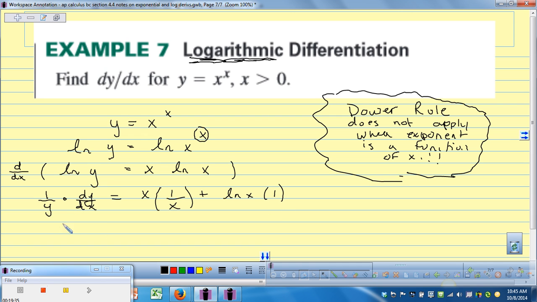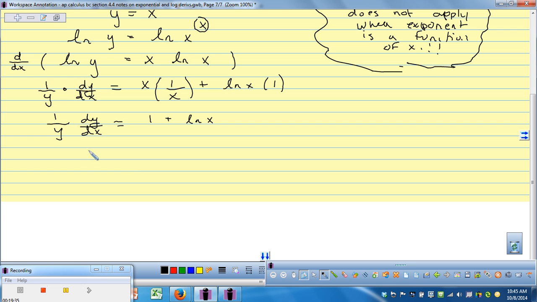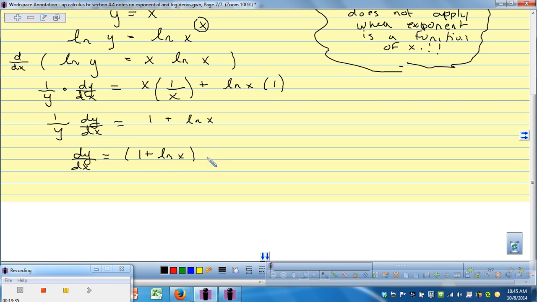So let's clean it up a little bit. We have 1 over y, dy dx, equals what? Plus natural log of x. Okay, almost there. dy dx equals 1 plus natural log of x times what? y.